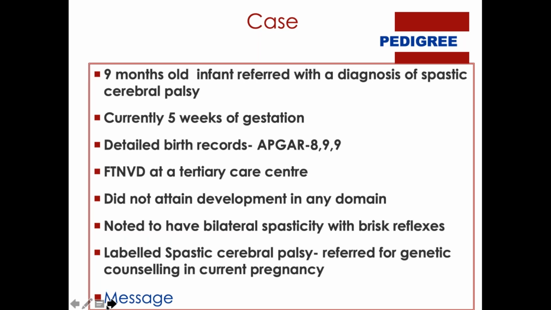And currently he was just 5 weeks, not of gestation, but of age. And the birth records which were available did not suggest that this baby had any problem in utero, because he came out, cried immediately after birth, was put to breast and accepted breastfeeds well.